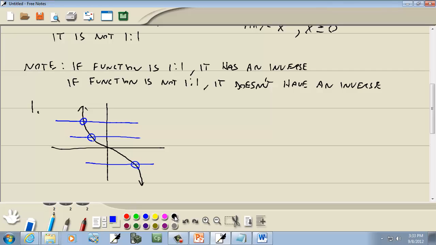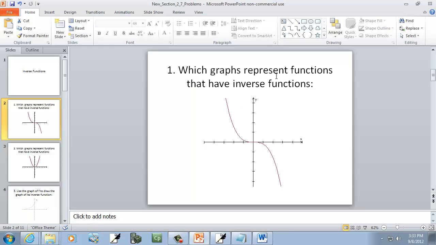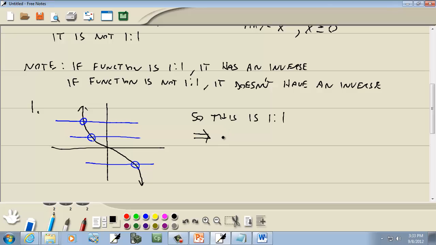No matter where I drop a horizontal line, the most it'll ever intersect is one place. So this is one-to-one, which implies this one does have an inverse. So these are yes or no type questions. The answer is yes.